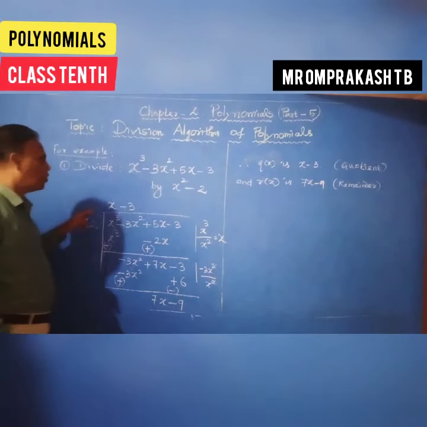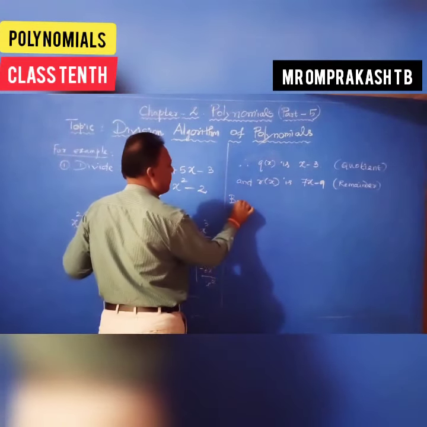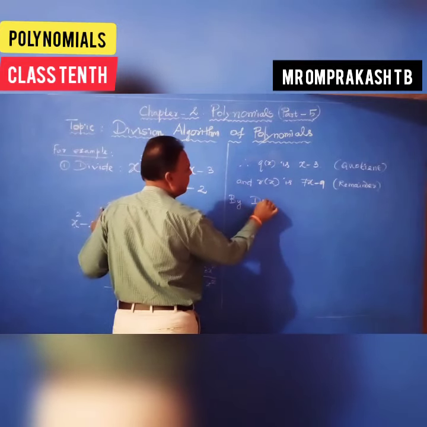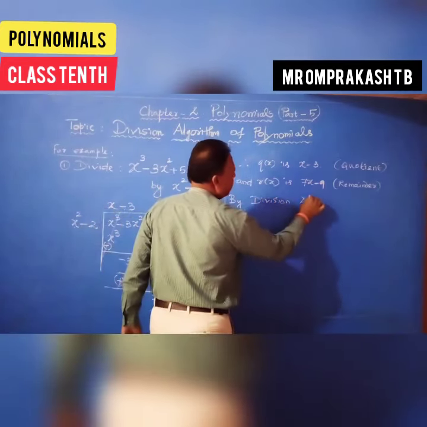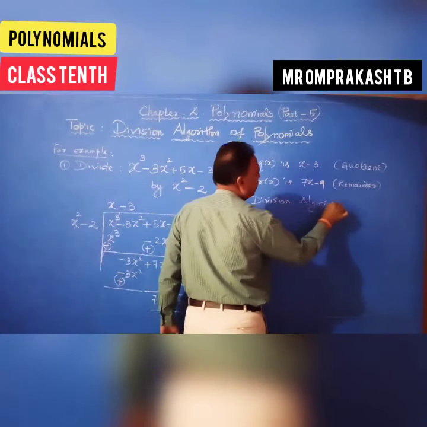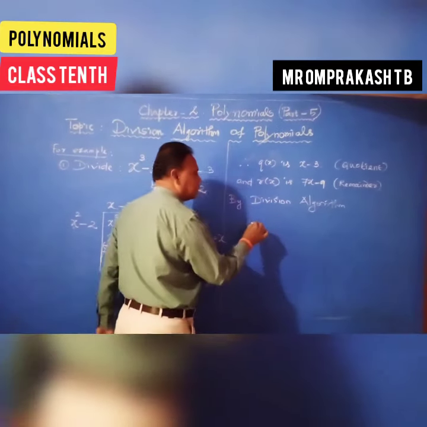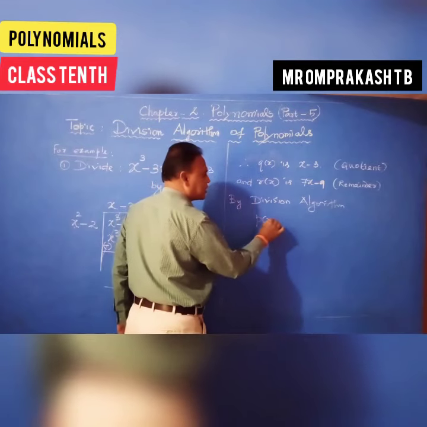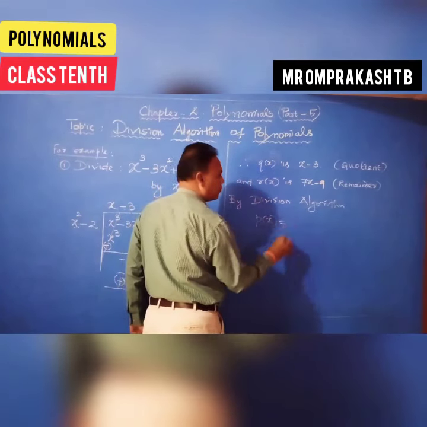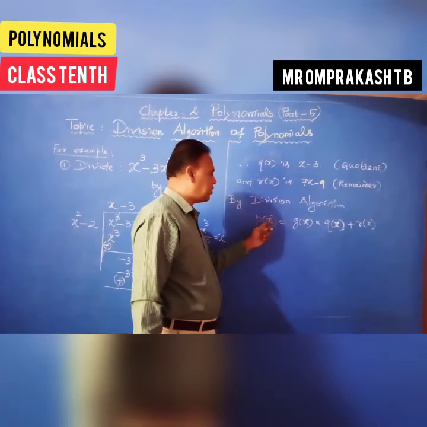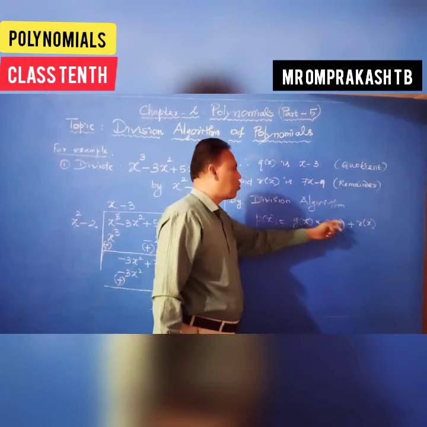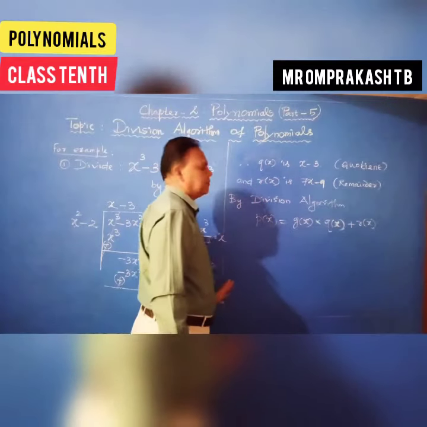We can check also. So by the division algorithm, what is the division algorithm? P of x is equal to g of x into q of x plus r of x. That is, dividend equals divisor into quotient plus remainder.